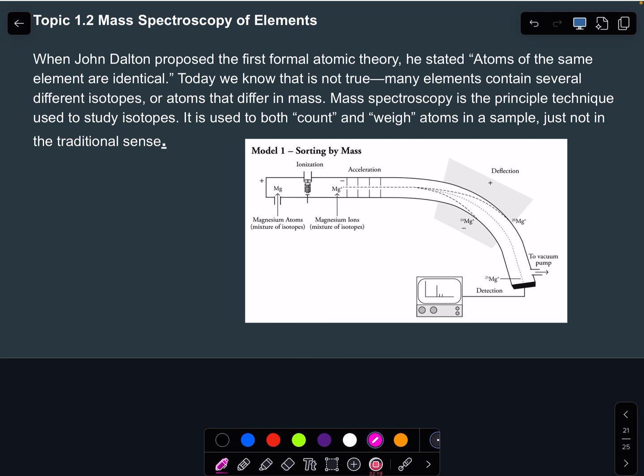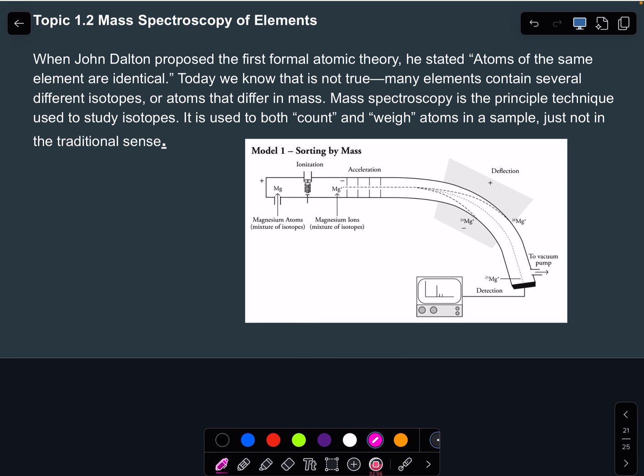Okay, in this sentence, what is mass spectrum? I put in just magnesium.